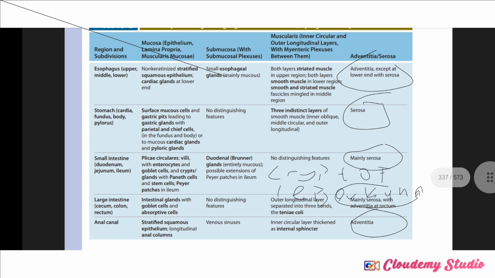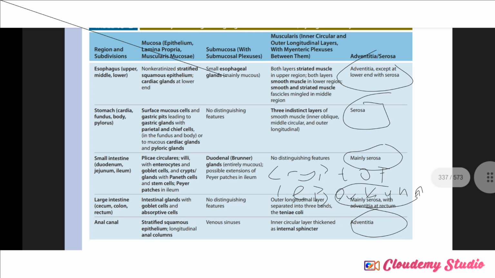In the jejunum we can also find lymphoid tissues. The anus is lined with stratified squamous epithelium, the submucosa there has venous sinuses, and basically it is adventitia.